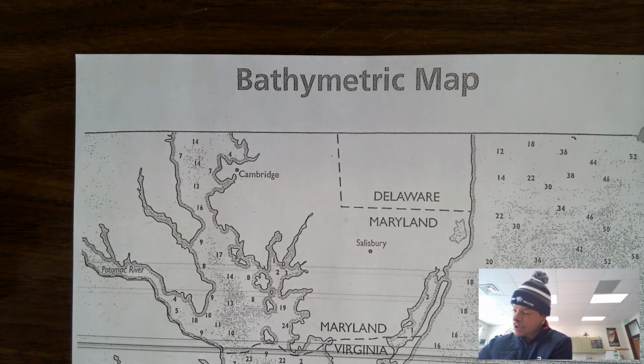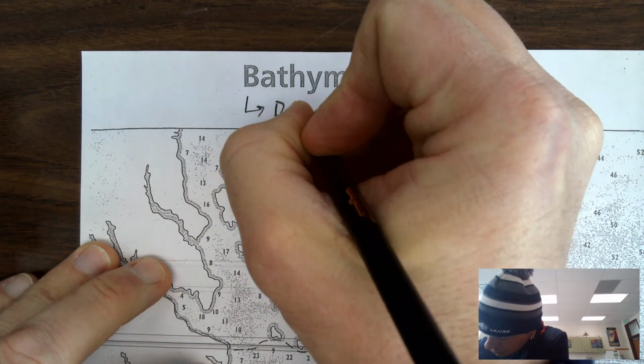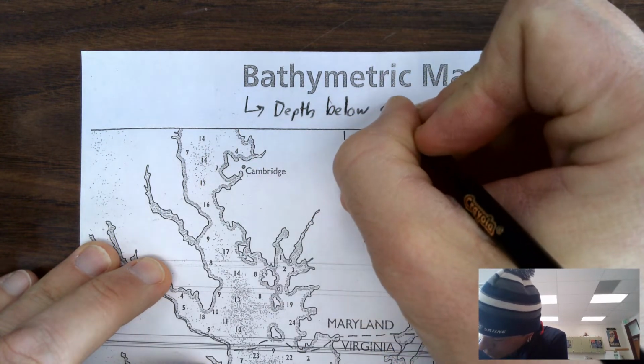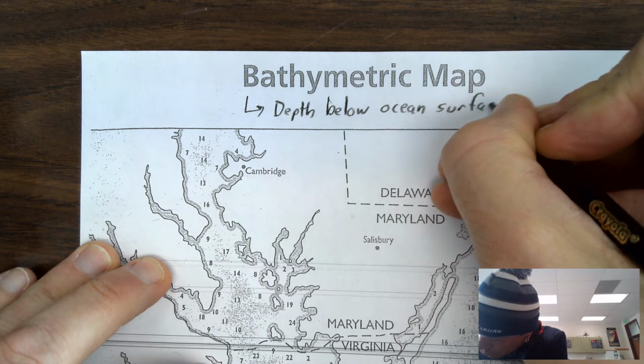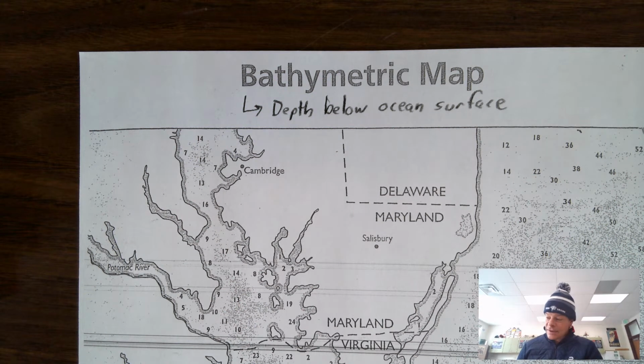Now, bathymetric means depth below ocean surface. So all of the numbers that you see in the ocean on this map is how deep the floor is below the ocean surface.